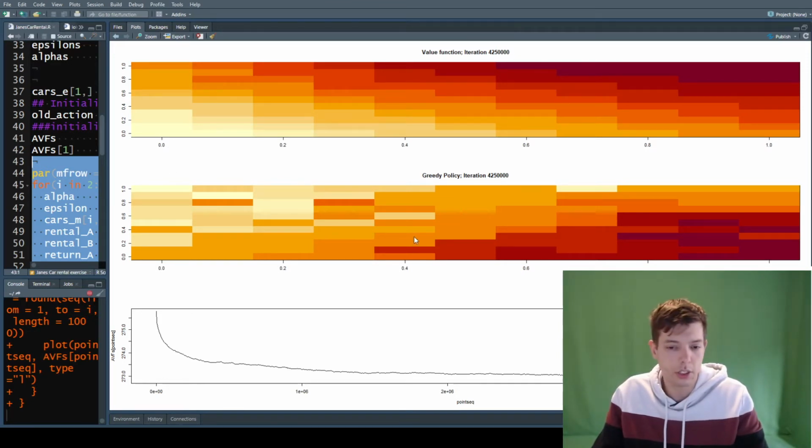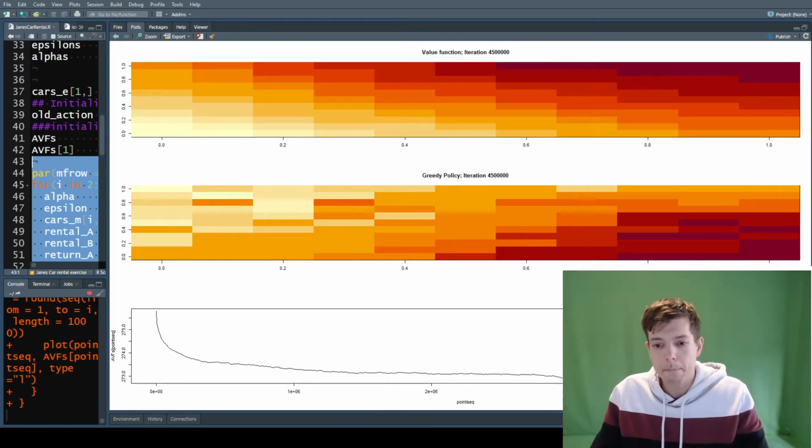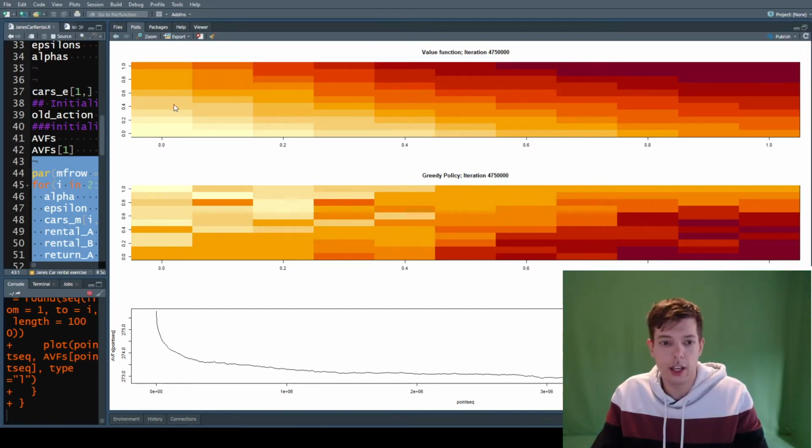And on the opposite, in the value function, of course, if I have many cars in the first location, many cars in the second location, so I'm at the top right corner, then the value function is very high. And if I have no car in either of the locations, then the value function is very low at the bottom left corner.